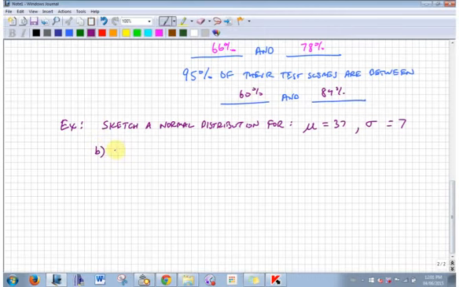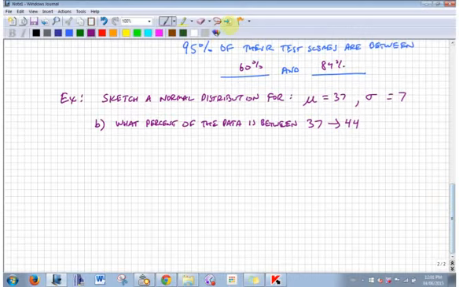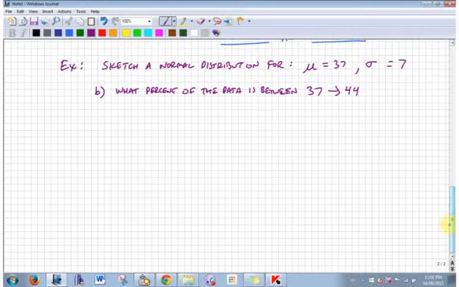Okay, B: what percent of the data is between 37 to 44%?